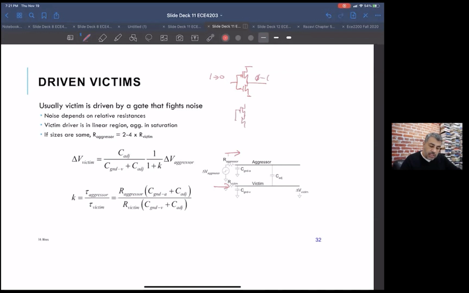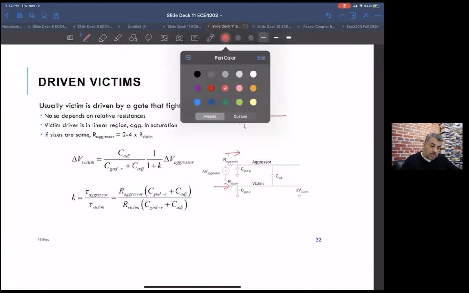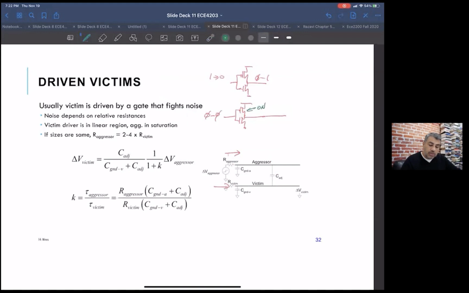And you have an adjacent guy in your bus that is just staying at 0. Even though it's at 0 and doesn't change, this guy, the PMOS, is on. So there is a resistance holding this line to where it should be. So this victim's resistance is dampening this glitch, or resetting the glitch, or pulling the line back to where you're looking at.